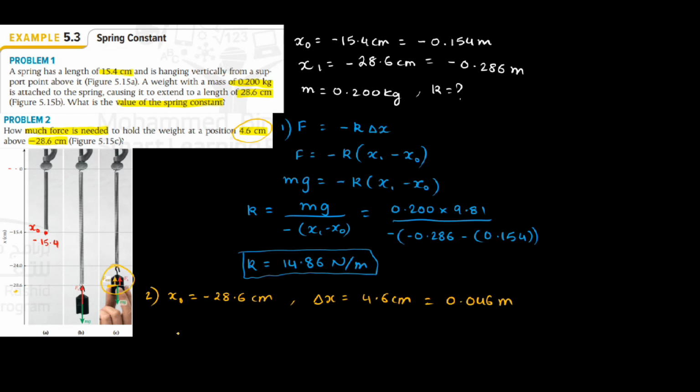I need to find how much force is needed to hold the weight at this position. The force I need to hold the object at this position must be equal to the negative of the spring force. So the force we apply must be the negative of the spring force. We know the spring force from Hooke's law is negative k times delta x, so negative times negative will give you positive k delta x.